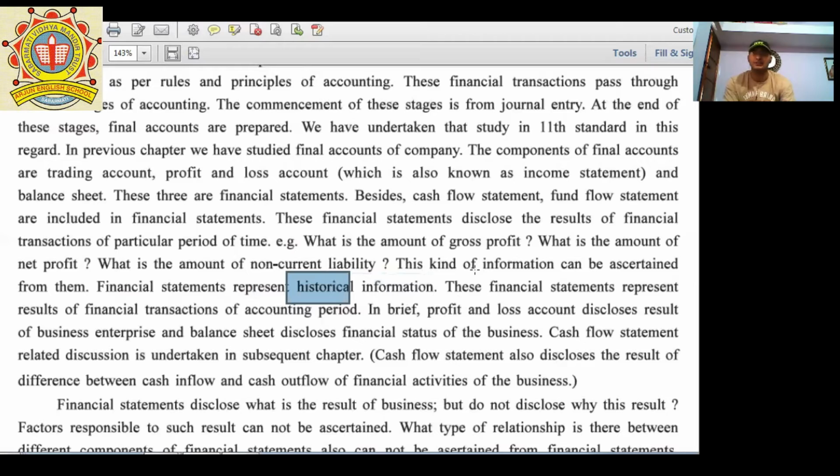Financial statements represent the results of financial transactions of an accounting period. In brief, the P&L account discloses the results of a business enterprise, and the balance sheet discloses the financial status of the business. The cash flow statement is discussed in a subsequent chapter.